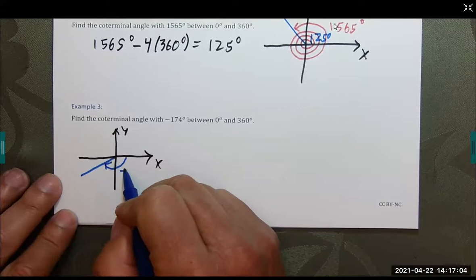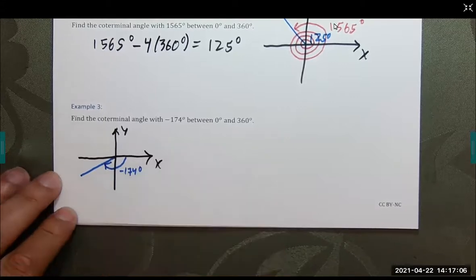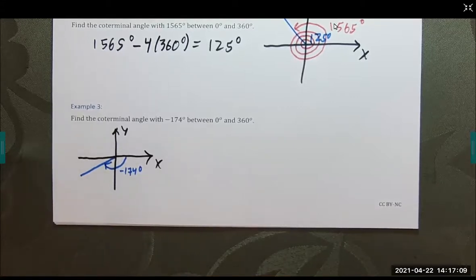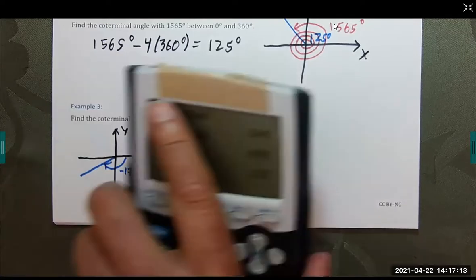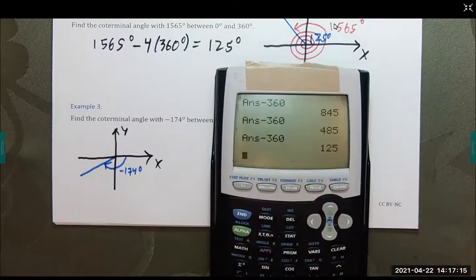Negative 174. Notice I'm going in a clockwise direction to get the negative angle. So what I'm going to do is take the negative 174, and in this case, I'm going to add a 360. That's going to put it into the right place.